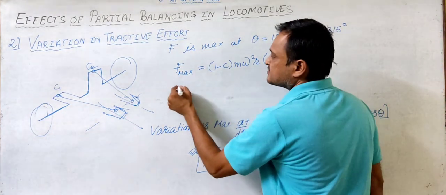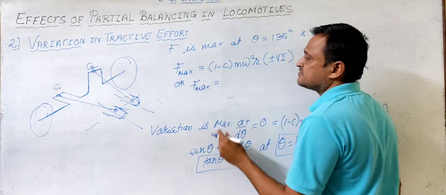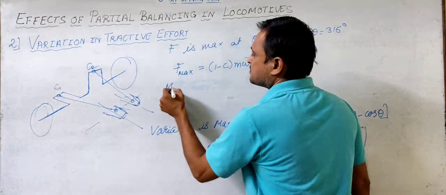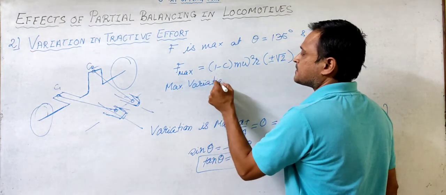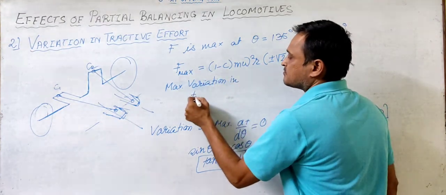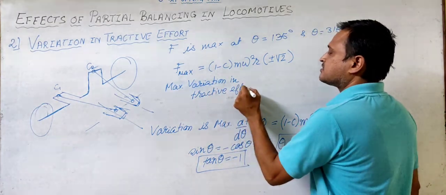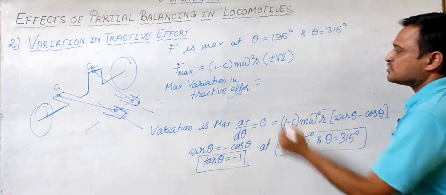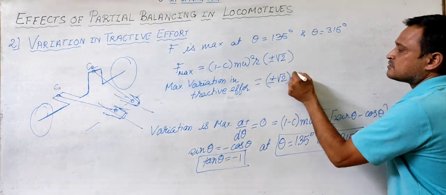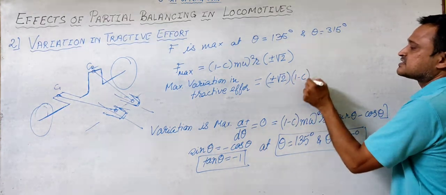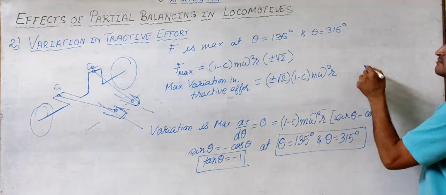Or I can write it in another way: the maximum variation in tractive effort will be equal to plus minus root 2 times (1 minus C) times m omega square r Newton.